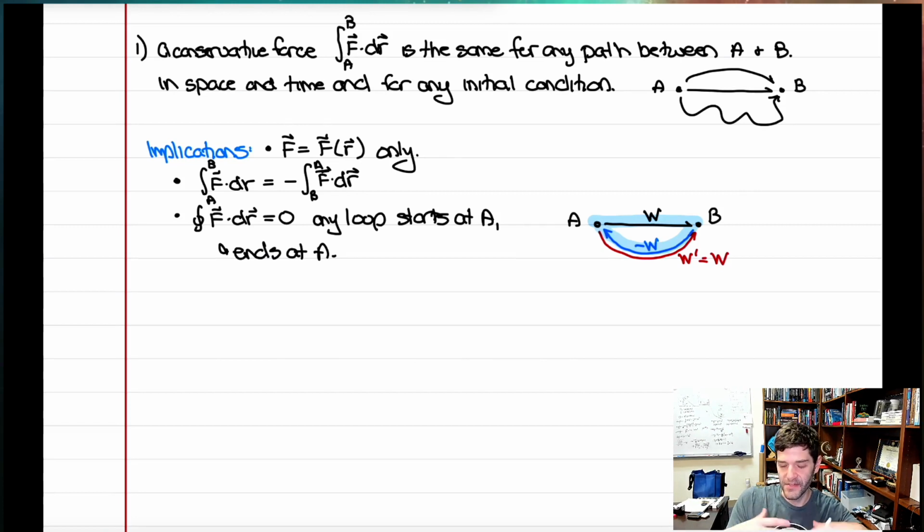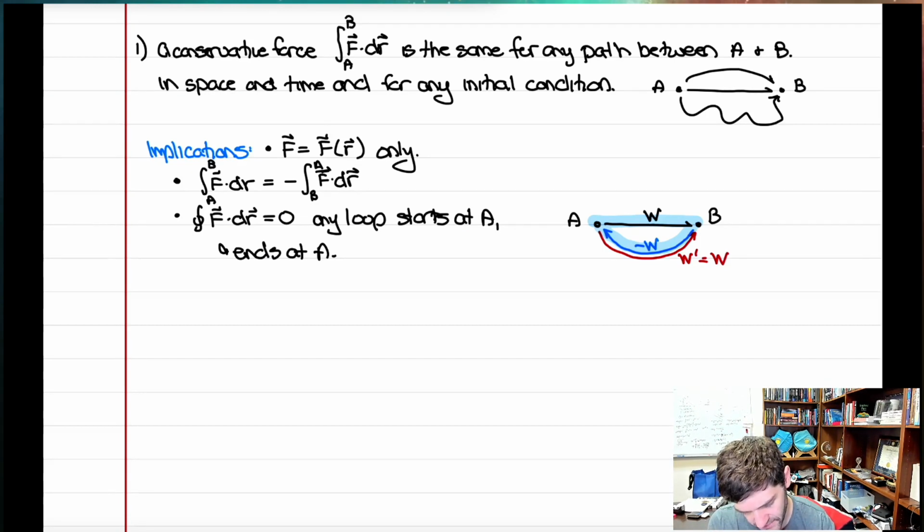Since I had made 0 assumptions about what those paths actually looked like, this actually proves it for any possible path you can imagine. It's kind of a mathematical proof via abstraction, right? By making no statements on the exactness of these paths, we have in essence proven it for every possible path you can dream up.